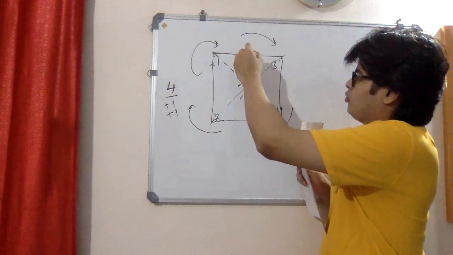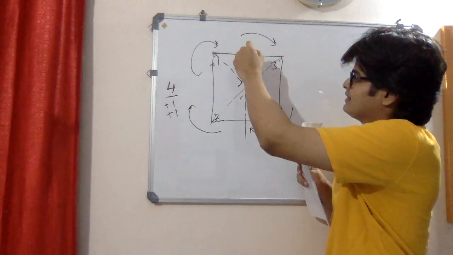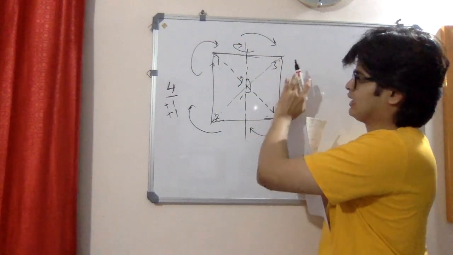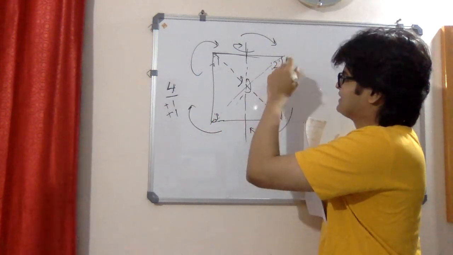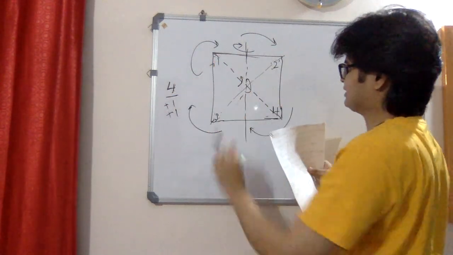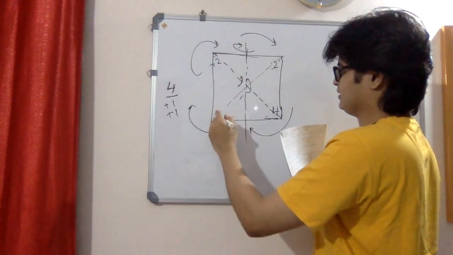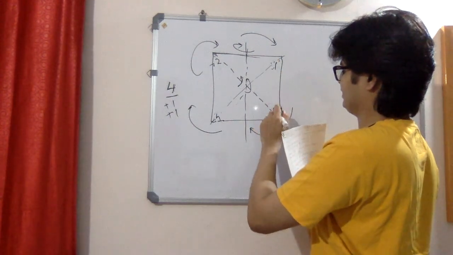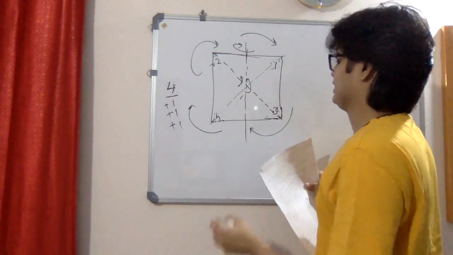Now one more symmetry is that we consider this as axis and rotate it like this. So this would swap places, this would shift. So this means 2 and 4 come here, and 1 and 3 come here. Now this adds another symmetry.